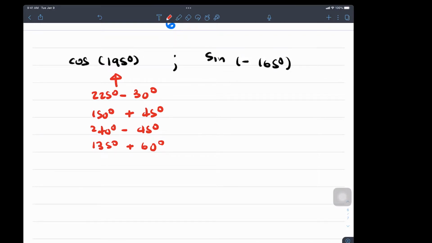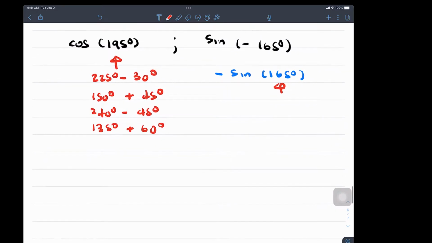And then over here, I'm going to say something like this. This should be minus sine of 165 degrees. Is that right? Because sine is odd, right? So what would you use here? For 165, I used 225 minus 60 degrees.